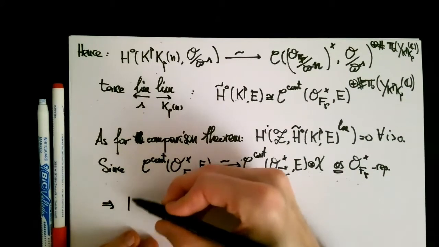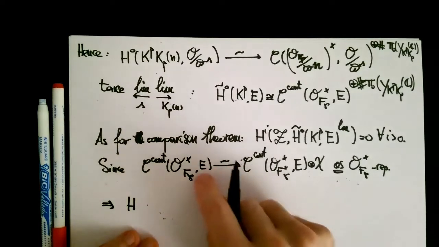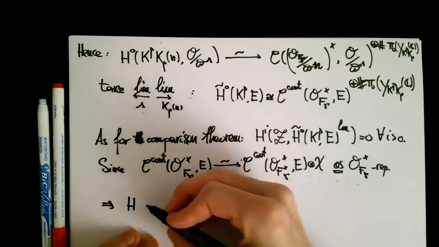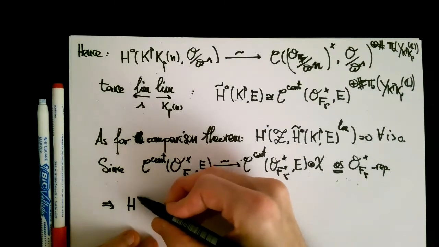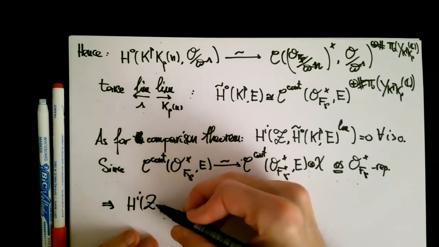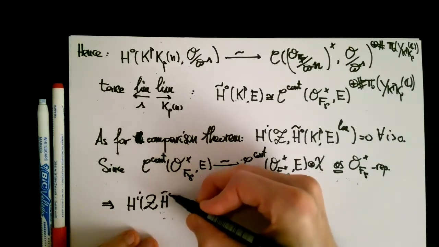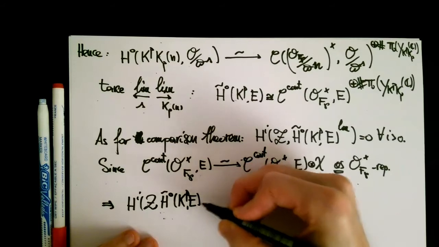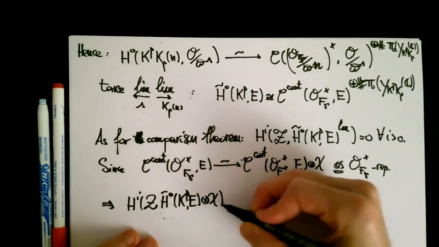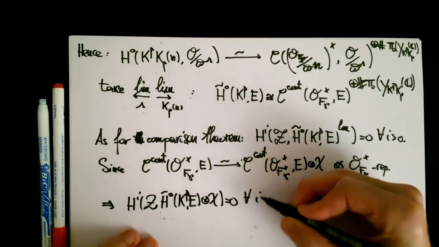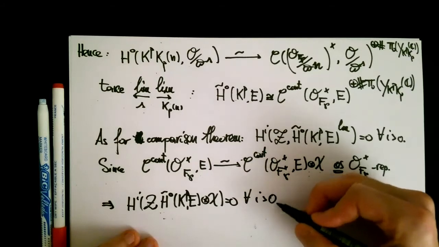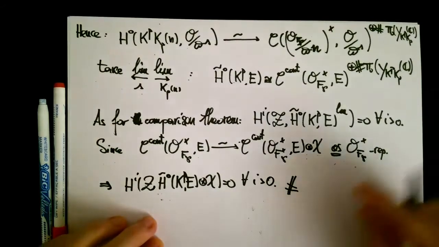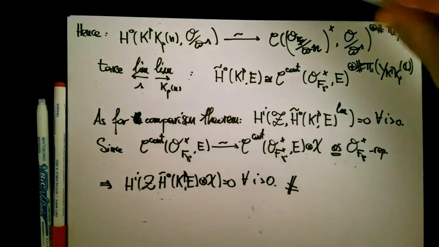These are infinite dimensional, of course. So here we have H^i of Z, H tilde 0, K^p, E times chi, is 0 for all i strictly bigger than 0. Okay, and so now we are happy.